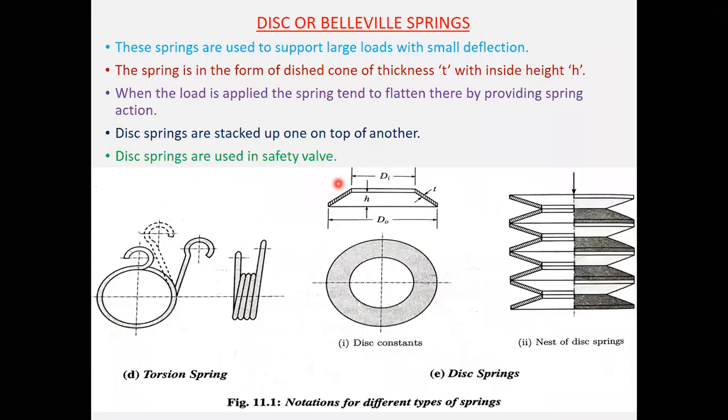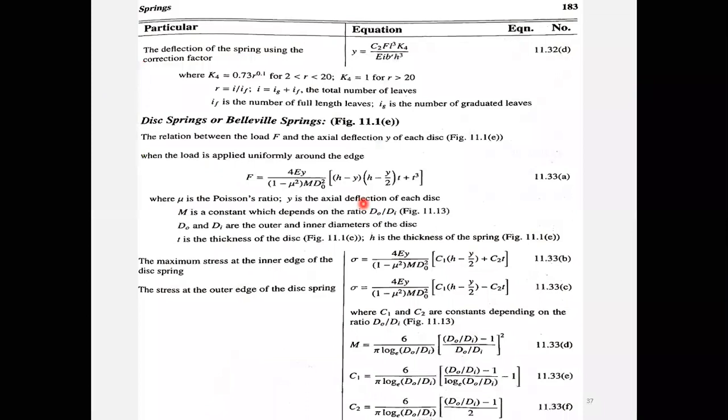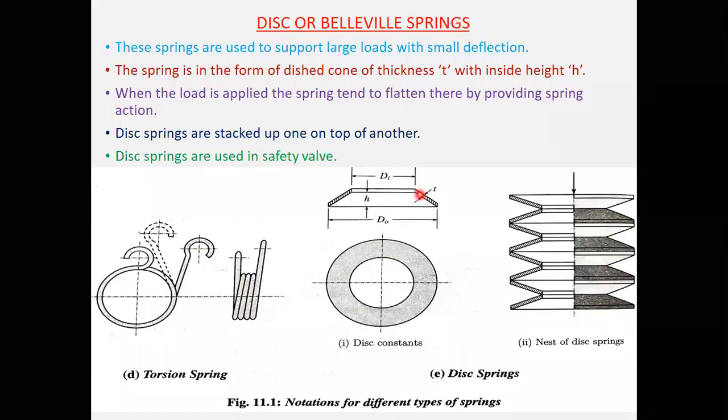Here, h is the height of the spring, and t is the thickness of the disc. Whatever disc is used, t is the thickness of the disc.